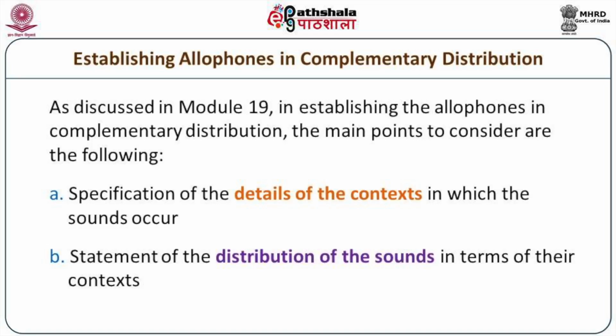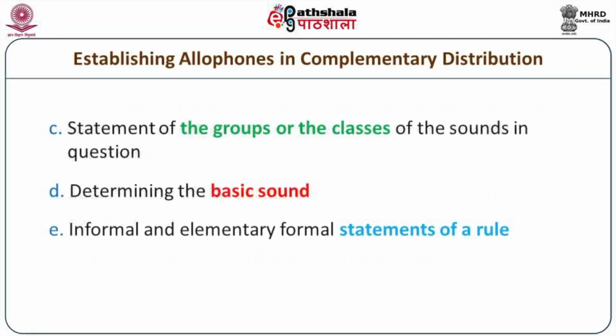You then state the distribution of the sounds in terms of their context. Next, you state the groups or the classes of the sounds in question. And then you determine the basic sound. Following the determination of the basic sound, you make a statement of the analysis both informally and formally.